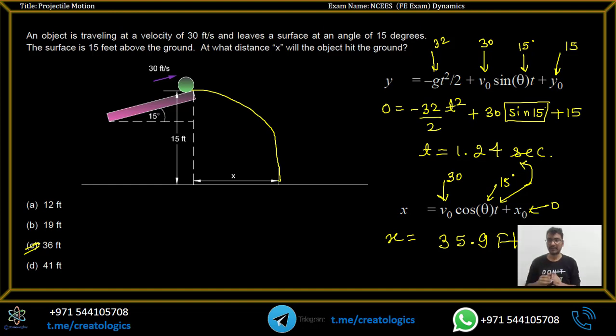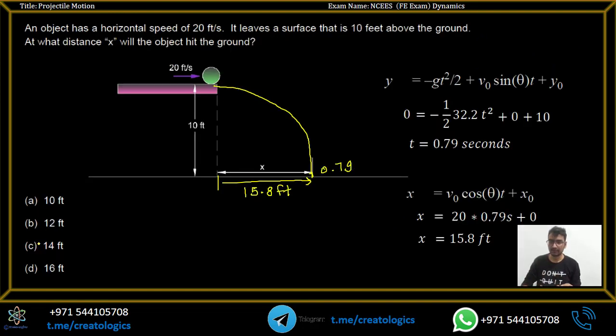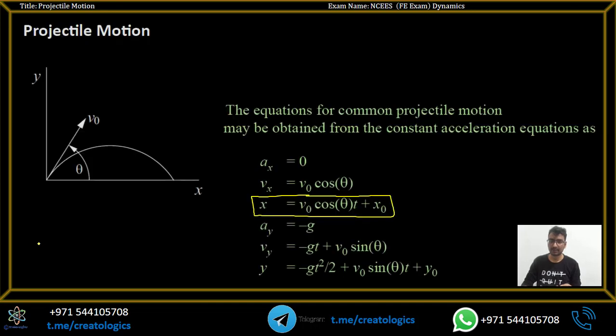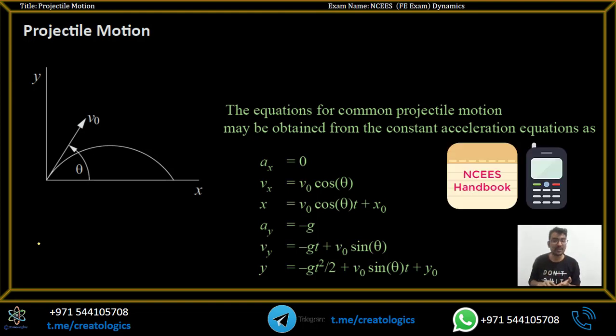So you can easily use the equations already provided in the handbook to solve questions on projectile motion. You only need to know what ax and vx represent. You need to know your handbook as well as your calculator.